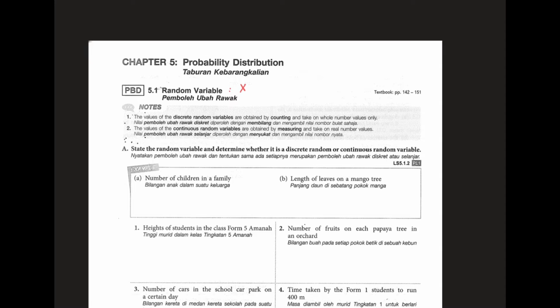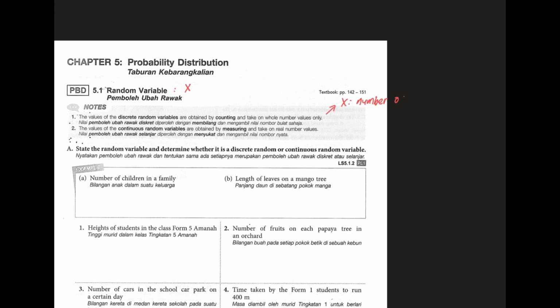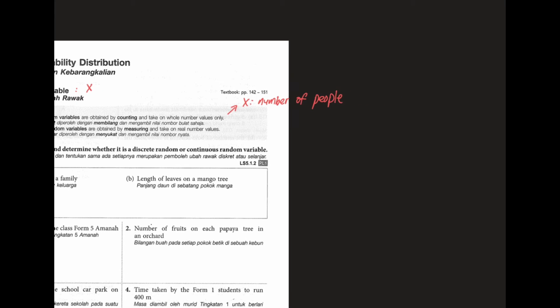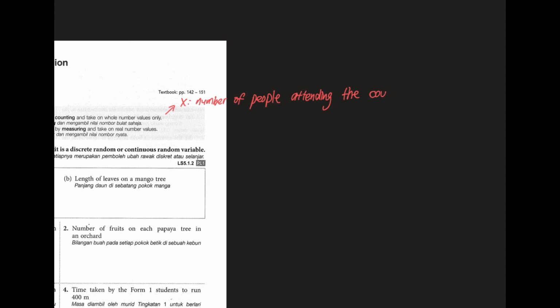So you can see in the note, the values of the discrete random variables are obtained by counting and take on whole number values only. So example, counting number of people, let's say number of people attending the course, for example.